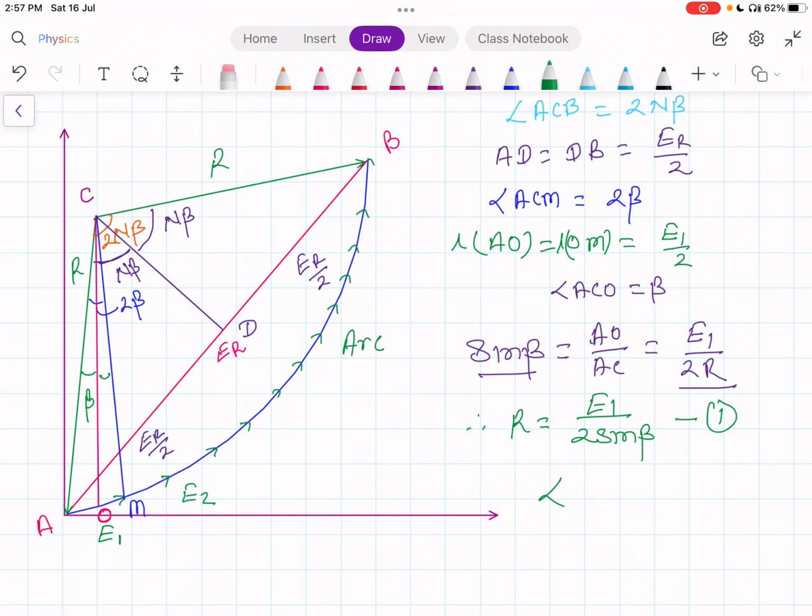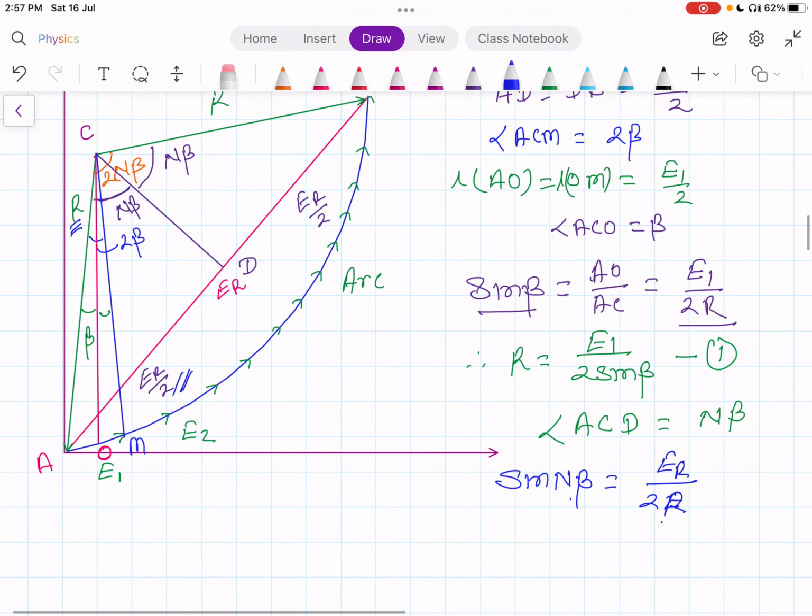Then we are going to consider the triangle ACB, where the angle is n beta. From this, sine of n beta is equal to ER by 2 upon R, since the chord half is ER by 2 and the radius is R. So sine of n beta is equal to ER upon 2R.